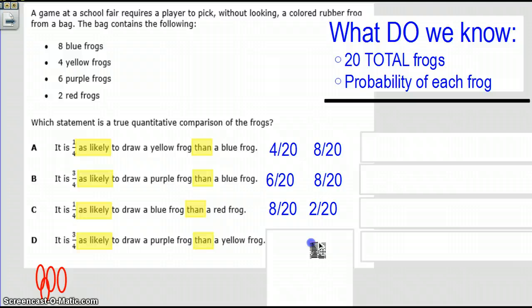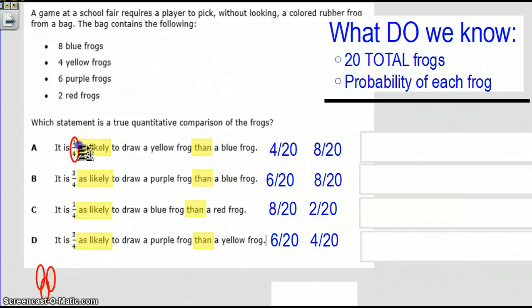And the purple and yellow, purple is 6 out of 20, yellow is 4 out of 20. So now we have each of these. If all else fails, you should have been able to determine there were 20 total and the probability of each frog. Now at this point you see, oh, this says 1/4. This says 3/4. This says 1/4. This says 3/4.